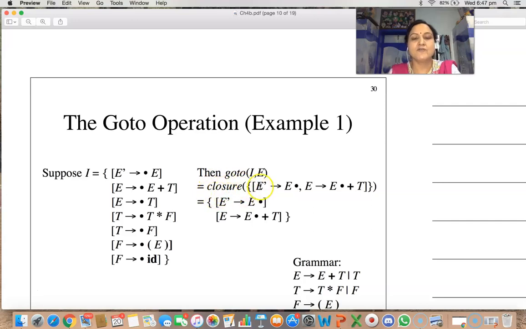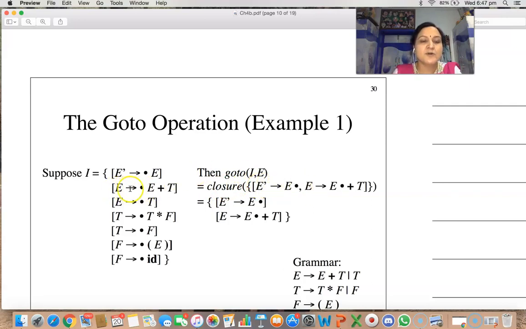So closure of E' → ·E. When we take a closure and goto, this dot gets shifted to the next symbol. So closure of E' → E·.